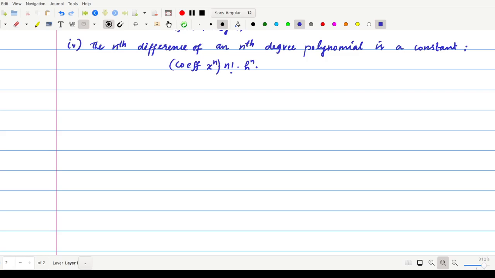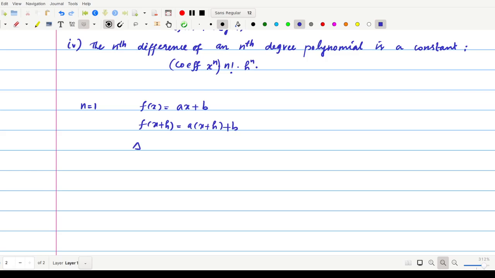If n is equal to 1, we need to consider the first difference of a first degree polynomial. So we assume f of x as a first degree polynomial, say ax plus b. Then, to consider the first difference, we need f of x plus h, that is a times x plus h plus b.